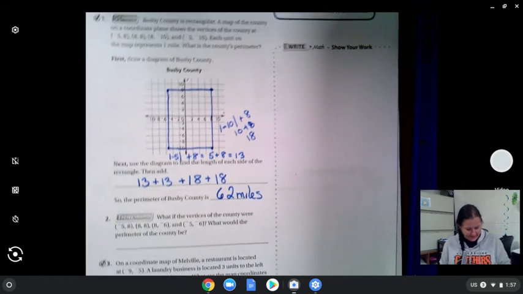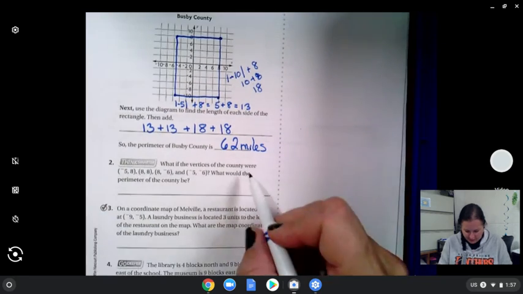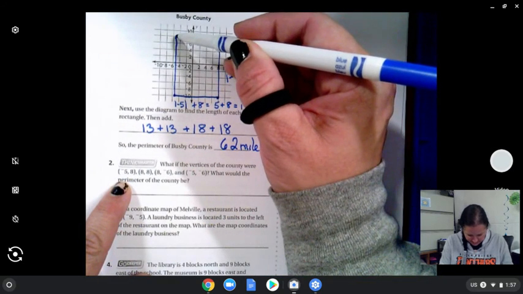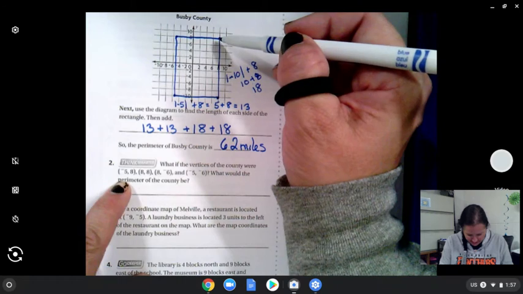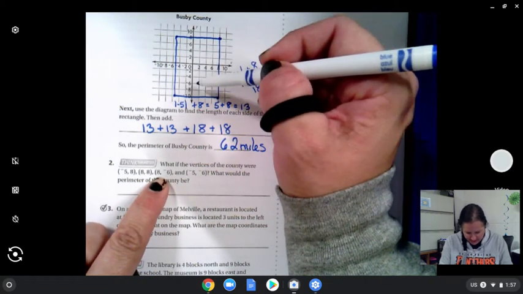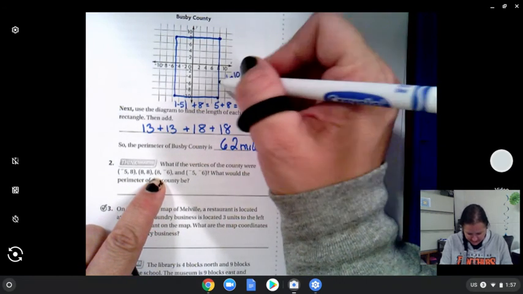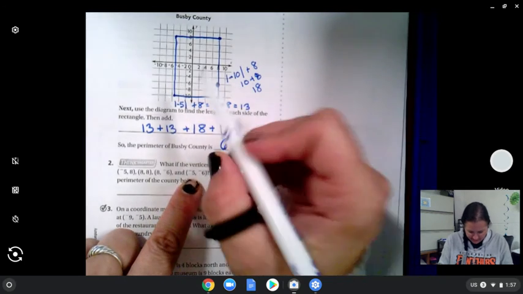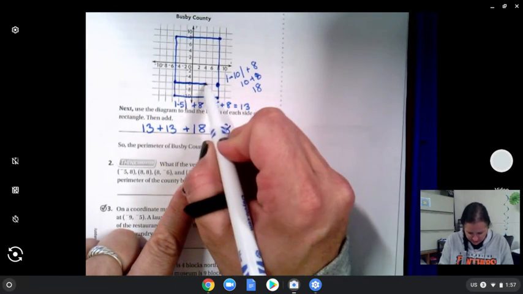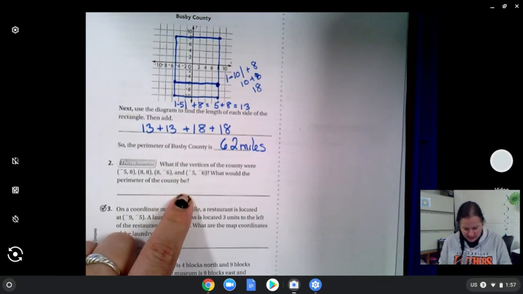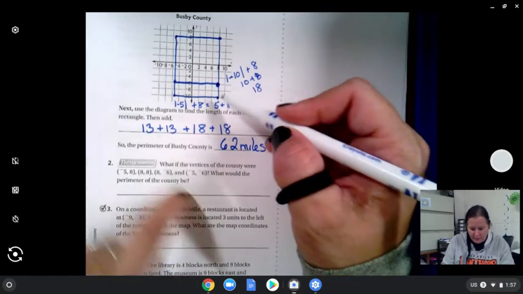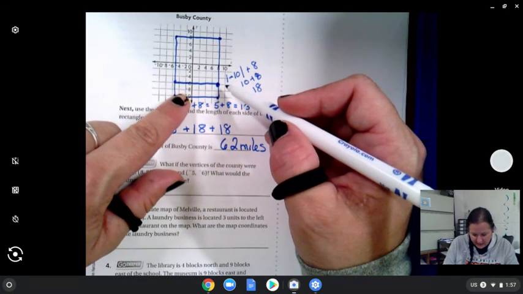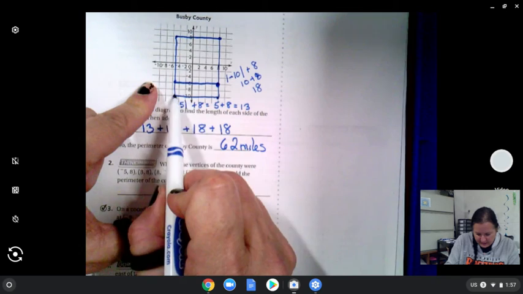All right, then it says, what if the vertices of the county were a -5, 8? So we do a -5, 8, that's this one, an 8, 8, which is this one, an 8, -6, so this would change this, and then a -5, -6, so it would change this one. So now that is going to change what our perimeter would be because we would be getting rid of this part right here. So this would stay the same.